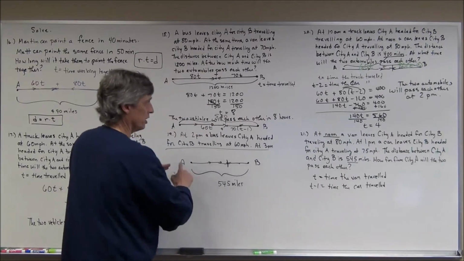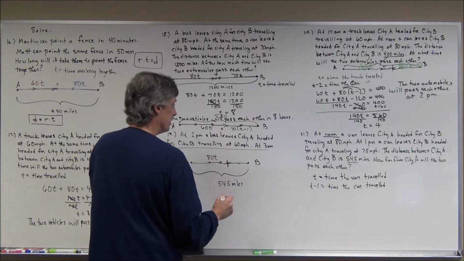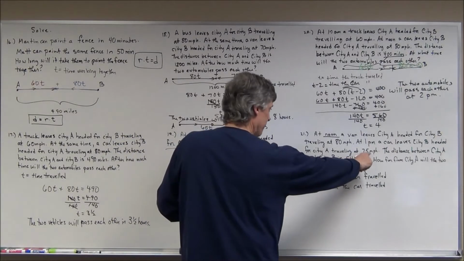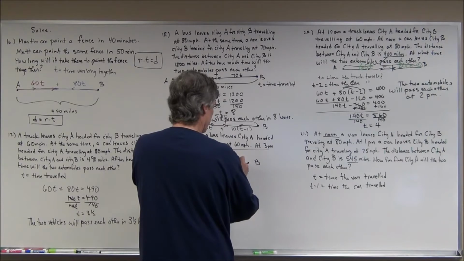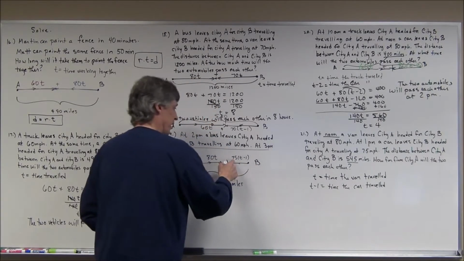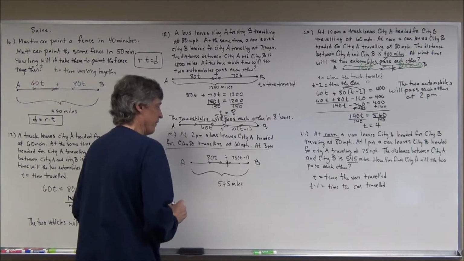So my distance here at 80 miles an hour for t hours, this is 80t. My distance here at 75 miles an hour for t minus 1 hours is 75 times t minus 1. Rate times time. So if I add these together, I better get 545.